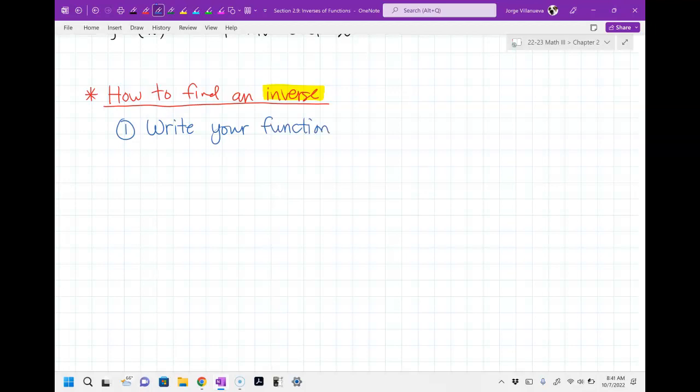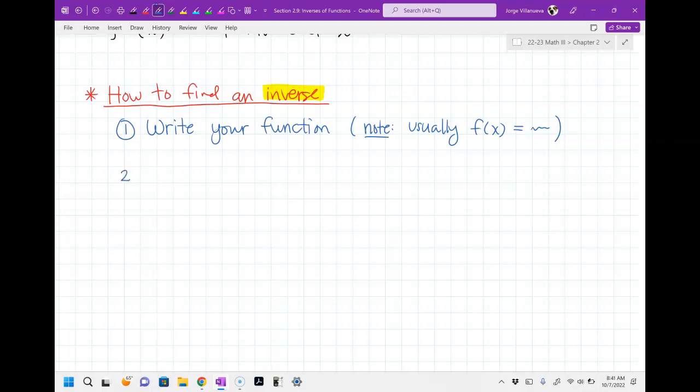Note: usually it's given to you as f of x equals something. Not always, but a lot of times, for example 2x plus 3, or 1 over x plus 3, and it's going to give it the name. So write your function. Again, usually it will say f of x equals something.